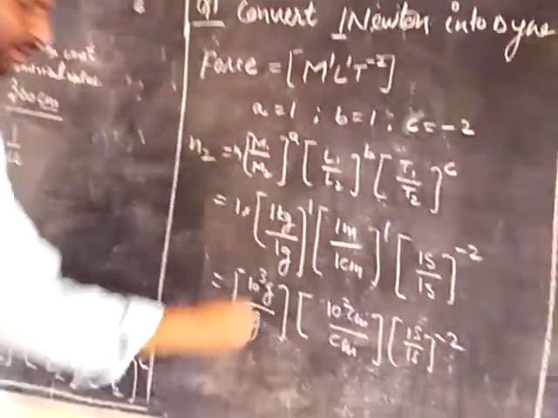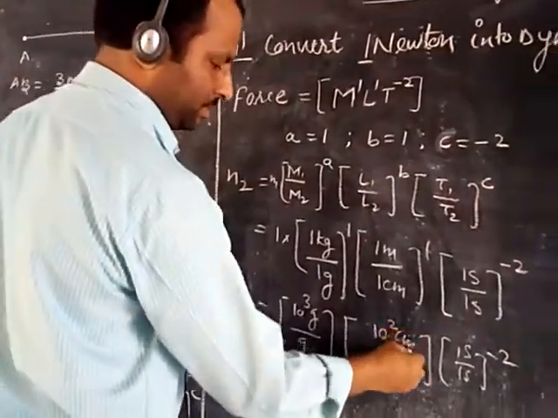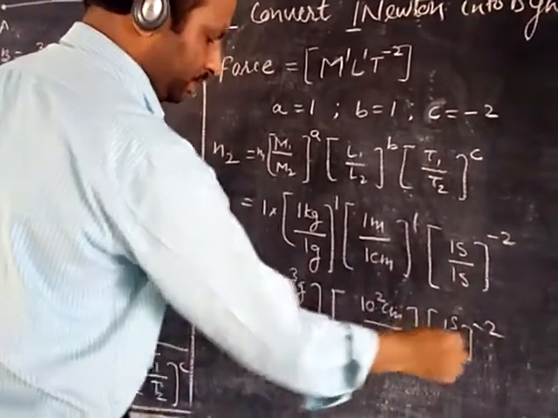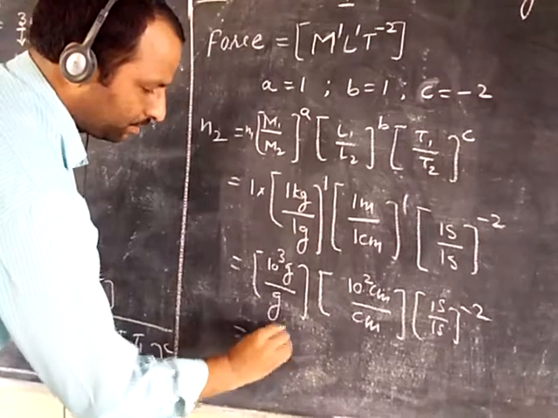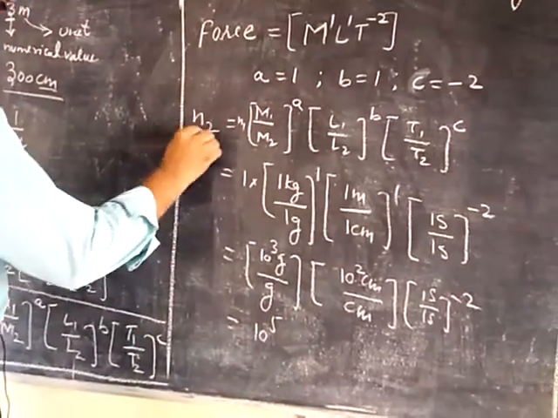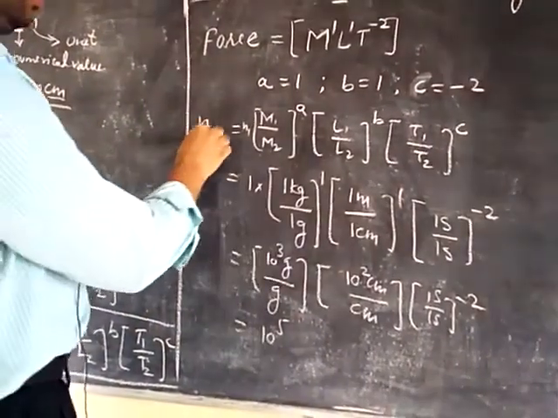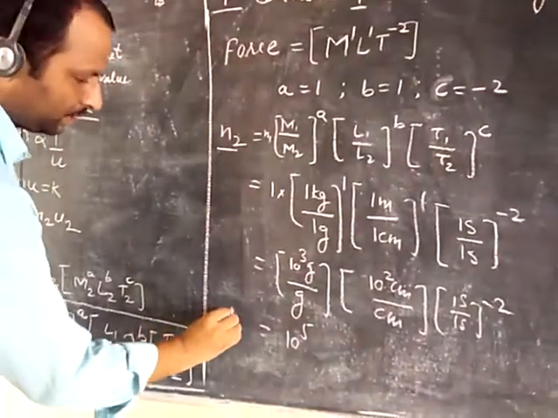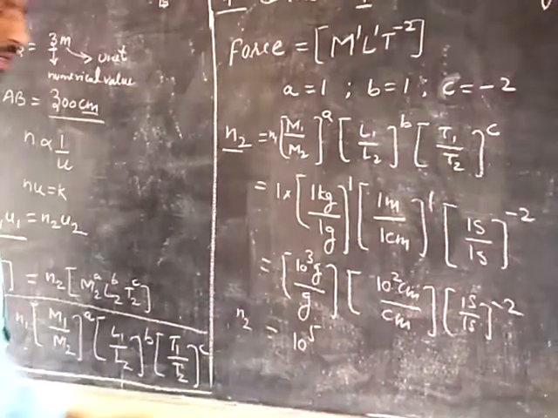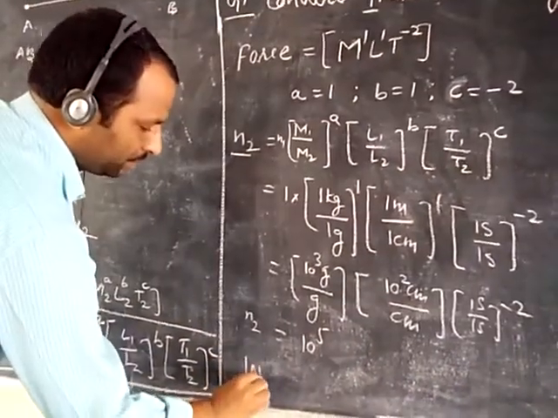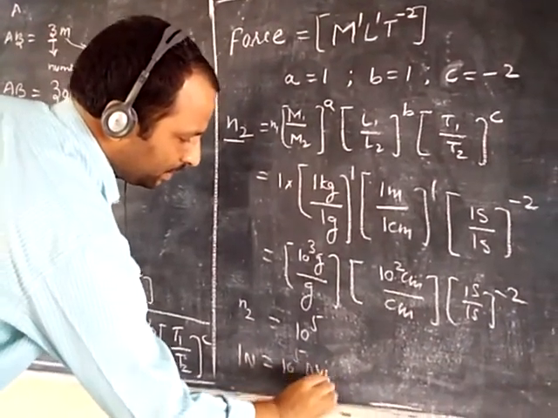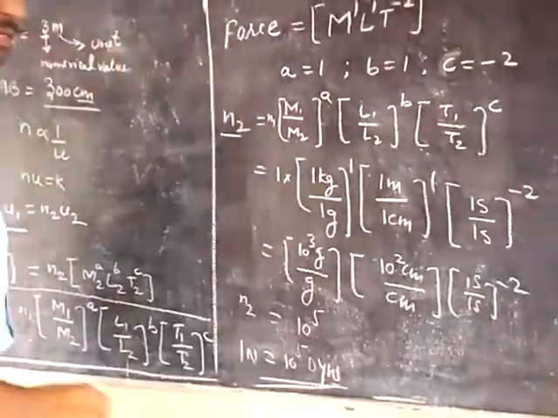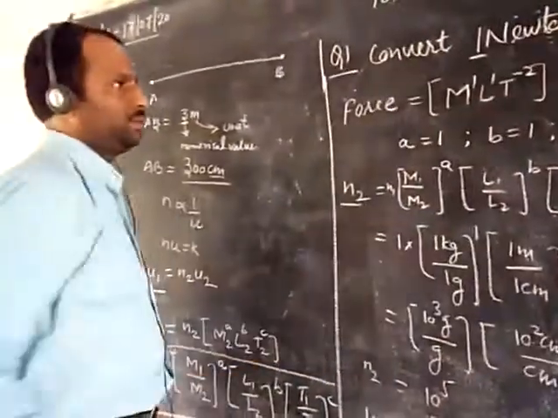In this way, gram cancels gram and centimeter cancels centimeter. So we get 10 to the power 3 into 10 to the power 2, which is 10 to the power 5. N2 is the numerical value in the second system, so we got 1 Newton is equal to 10 to the power 5 dyne. In this way, we can convert one system into another system.